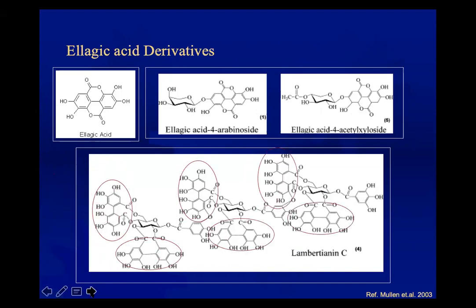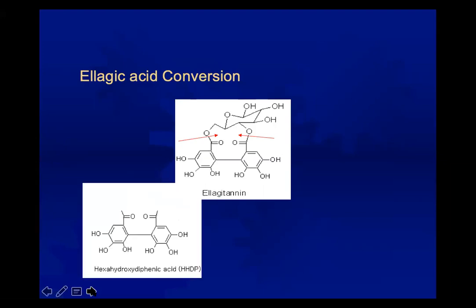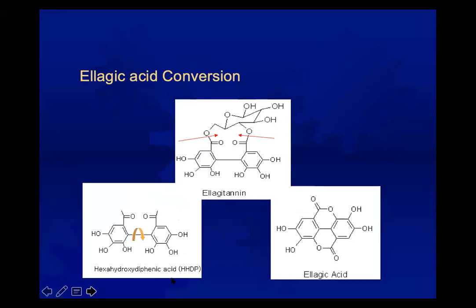Ellagic acids also can be converted into ellagitannin. This is called ellagitannin, and obviously a huge structural rearrangement has taken place. Hexahydroxydiphenic acid: this is hexahydroxydiphenic acid. So 6 hydroxyl groups are present here, and here you see ellagic acid contains 4 hydroxyl groups.